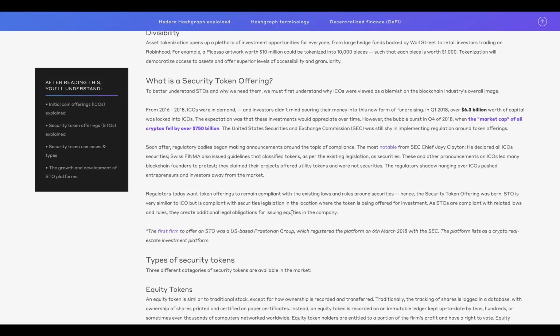So basically, STOs are similar to ICOs, except they are completely compliant with the SEC. And honestly, I would say by the sound of things, there would be no possible way to get scammed in an STO because it's regulated by the SEC, you know.